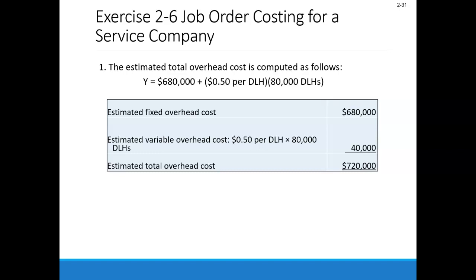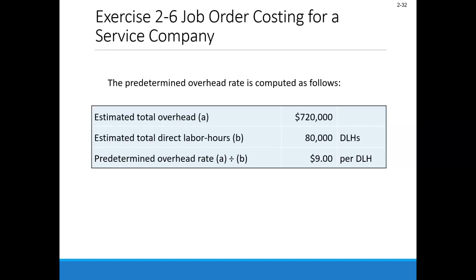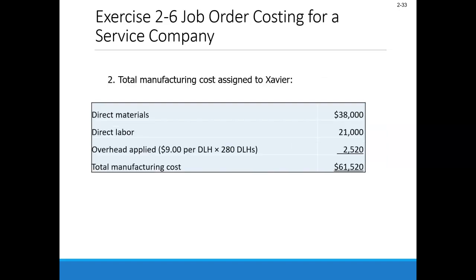So our overhead cost we're estimating is 720,000. If we take that and divide it by our estimated direct labor hours, that's what we'll use per hour, the $9 per hour. Okay, that's how you come up with that predetermined rate.